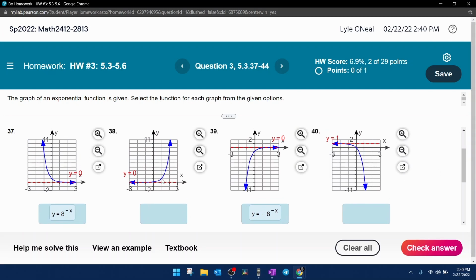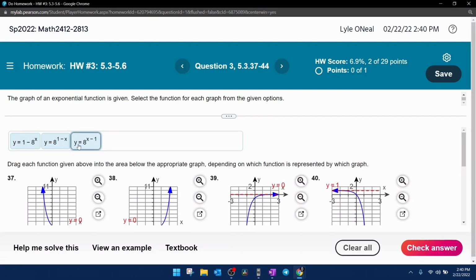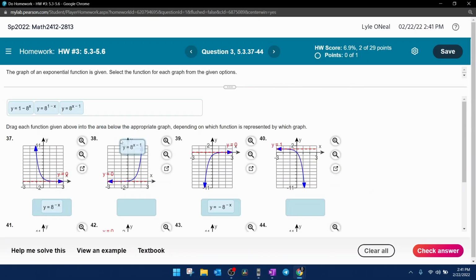And there it is. Number 38 is going to be the graph for our equation of y equals 8 to the x minus 1 with a horizontal shift. And I had to zoom out again so that I could drag and drop that in there.